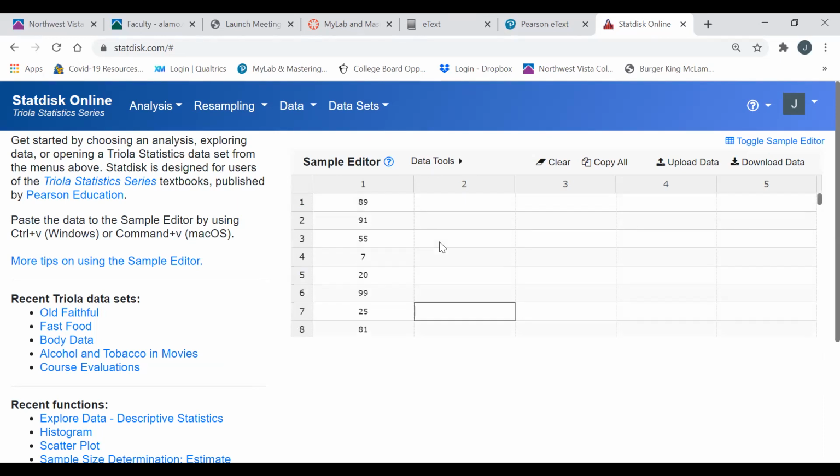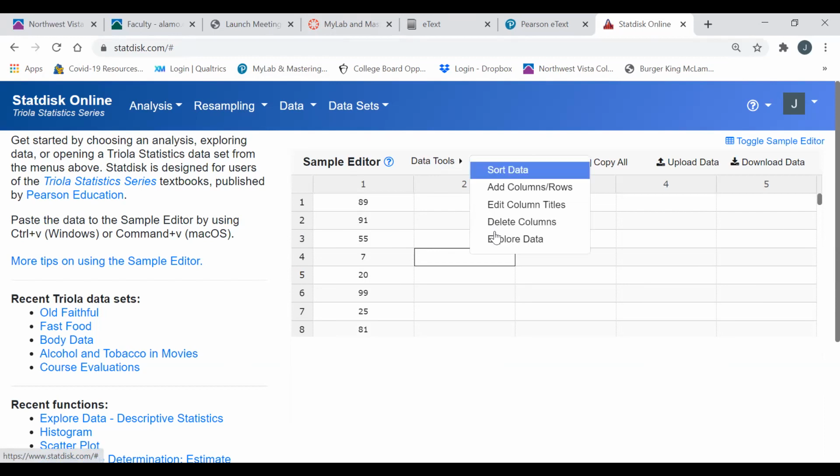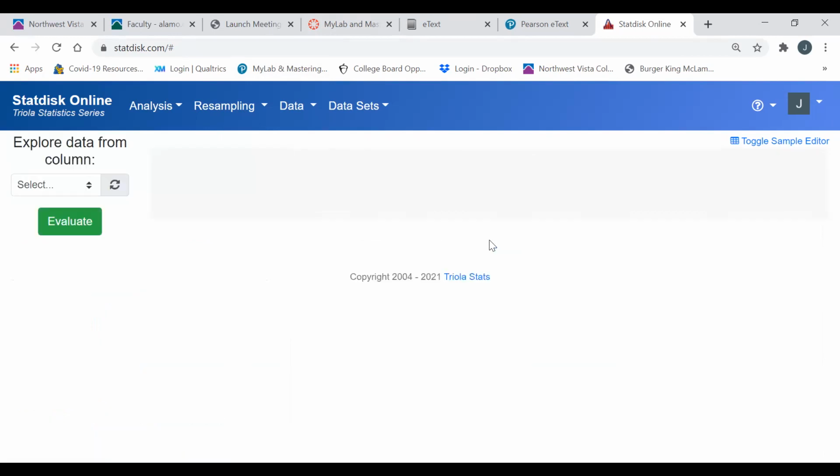Okay, so I entered all my data in column 1. Then I am going to go to Data Tools. Just click on Data Tools and scroll down to Explore Data. Then it's going to ask you which column you want to do the analysis on.